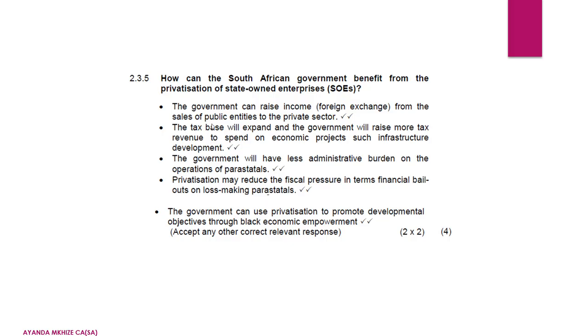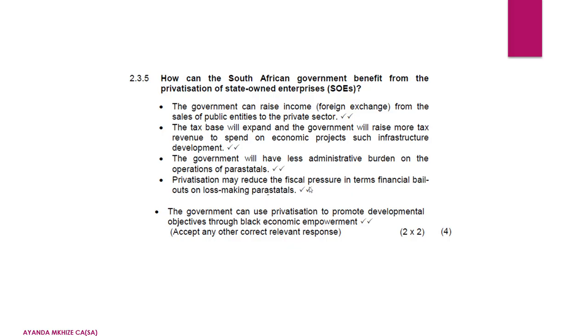Then more money will be raised by government, which in this case will be SARS. The government will have less administrative burden on the operation of parastatals. Why? They have less administrative burden because now a 40% stake is owned by private, and then the private will also take some administrative role of the company.